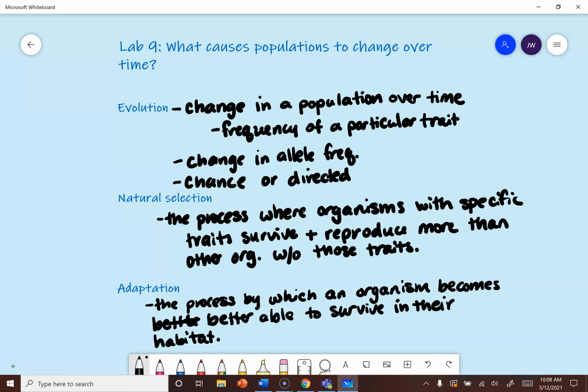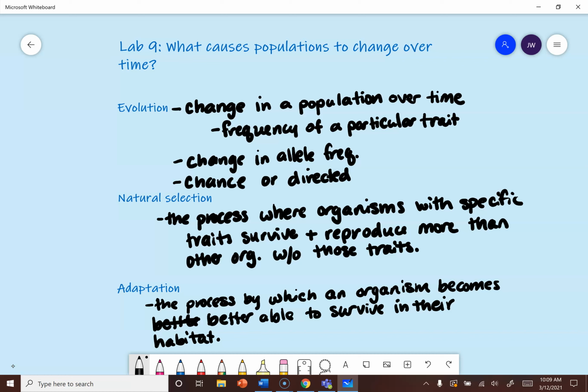So evolution is a change in a population over time. Sometimes it occurs by chance, and later in chapter 10 and next week we'll explore the ways that evolution happens by chance. But today we're looking at natural selection, where organisms with specific traits survive and reproduce better than others because of those traits.